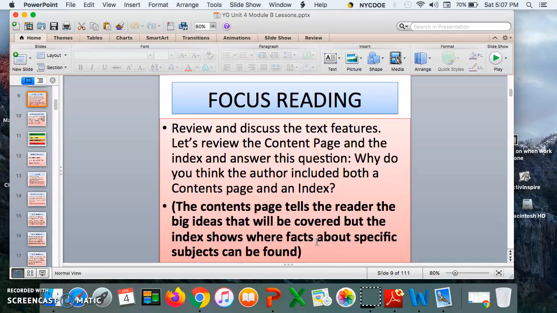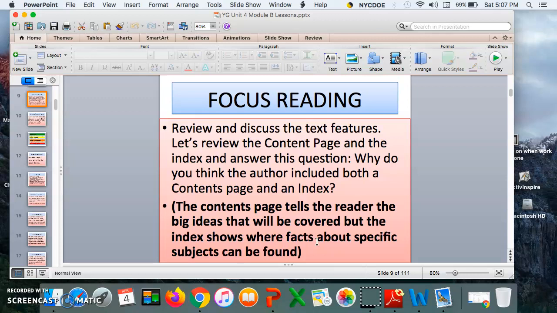Now, I want us to review and discuss some text features. Let's review the content page and the index and answer this question. Why do you think the author included both a contents page and an index? The contents page is usually found in the beginning of the book, and the index page is usually found at the end of the book.